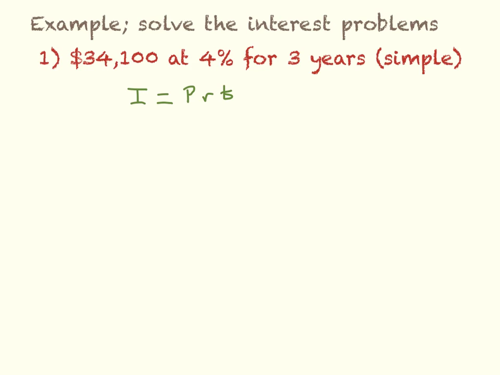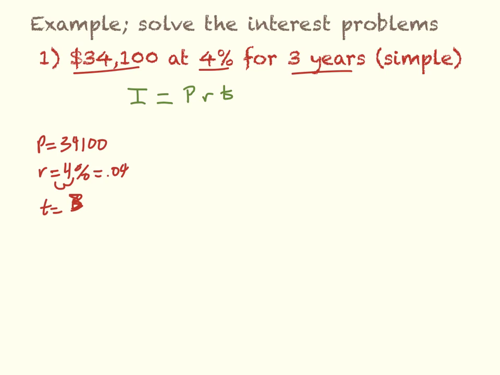So I need to know that my P is my starting amount. So that would be $34,100. My R is my rate, which is 4%, which I need to write as a decimal, so I'm going to move the decimal point, 0.04, and my time is my number of years.